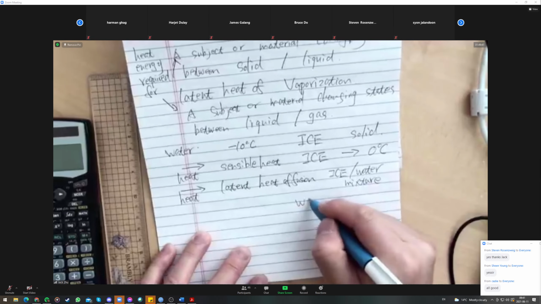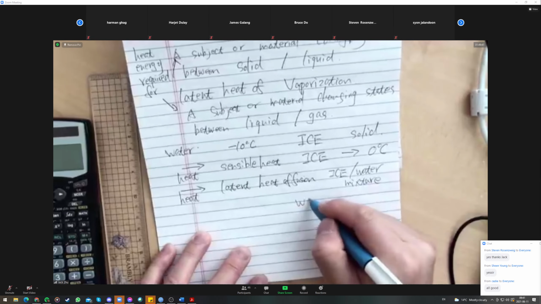You keep putting more heat in there. Now it becomes sensible heat again. The sensible heat makes the water temperature increase. Under normal pressure, you can heat the water to 100 degrees.